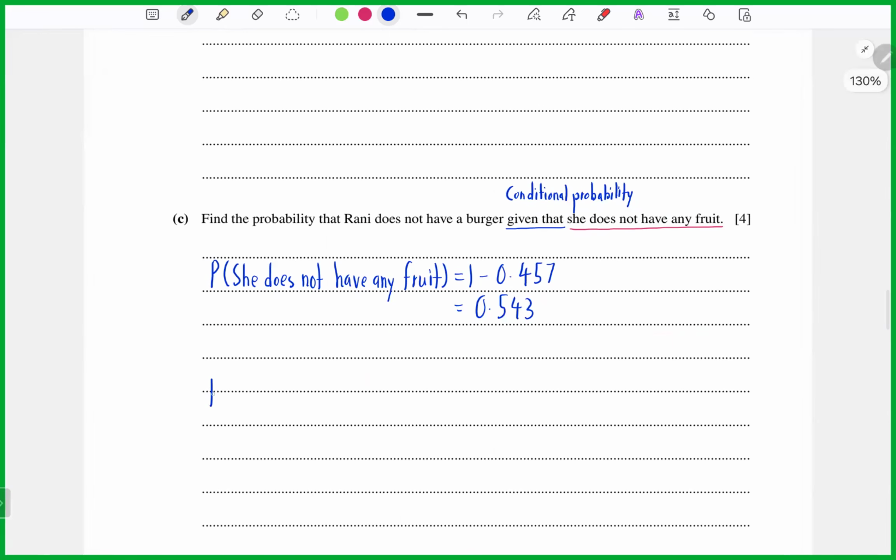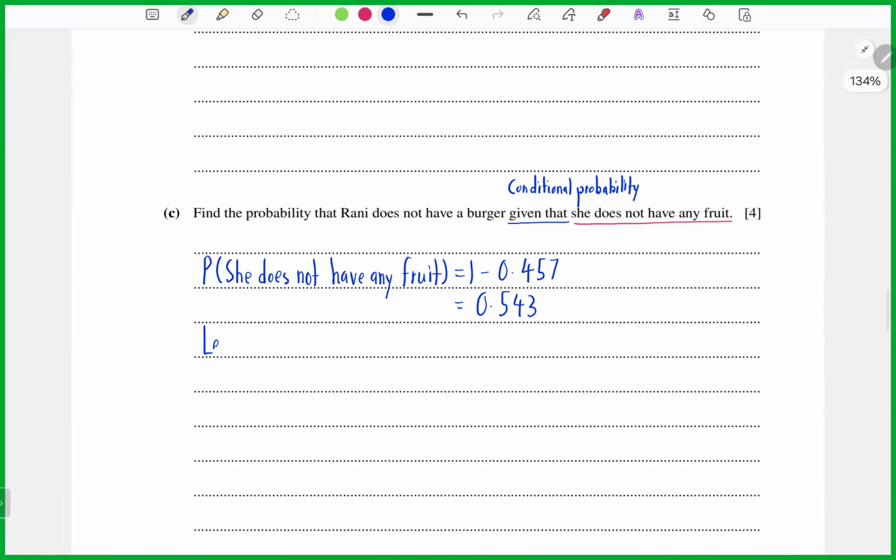Okay, so now I'm trying to write out here. I try to label here. Let x equal the event Rennie does not have a burger, and for the event y, she does not have any fruits.